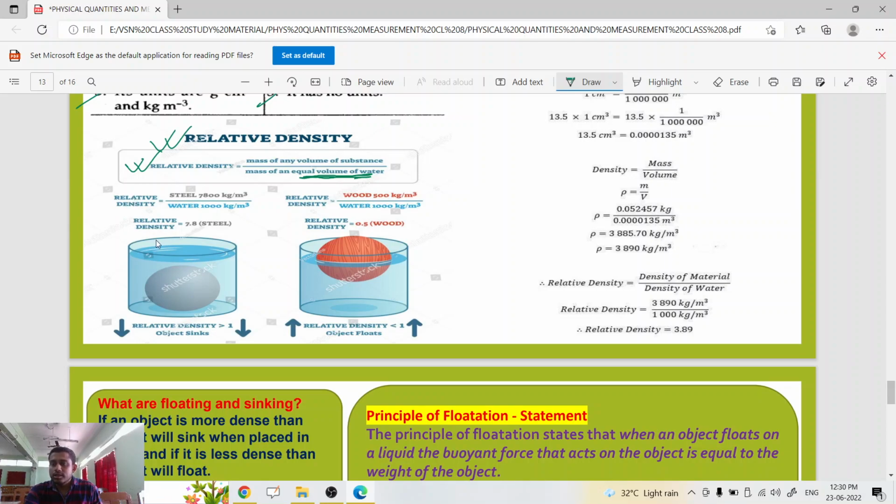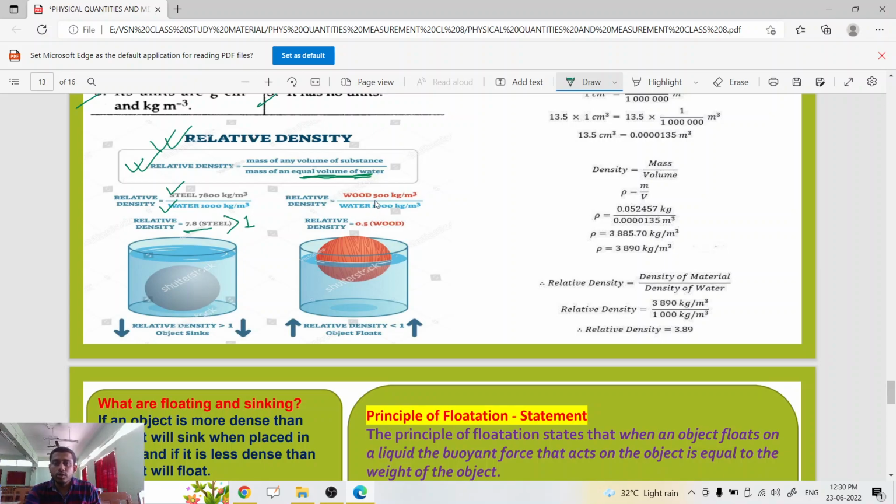First one is steel. In the SI system the density of steel is 7800 kg per meter cube, and for water 1000 kg per meter cube. So the relative density for steel is 7.8, that means it is greater than 1. That's why steel will sink in water.